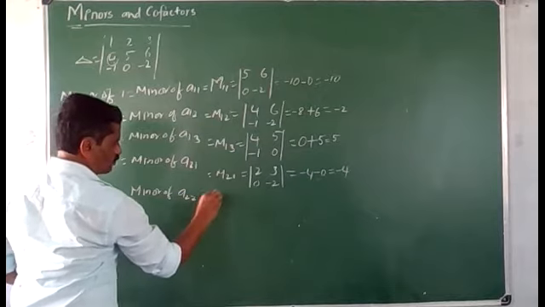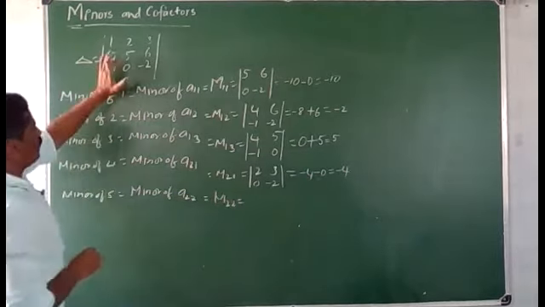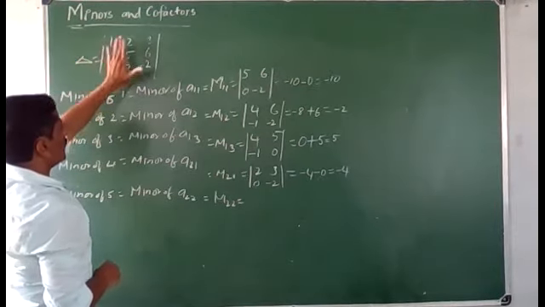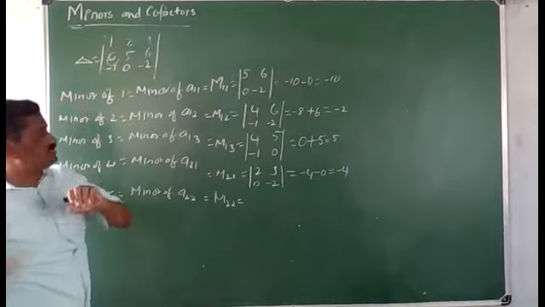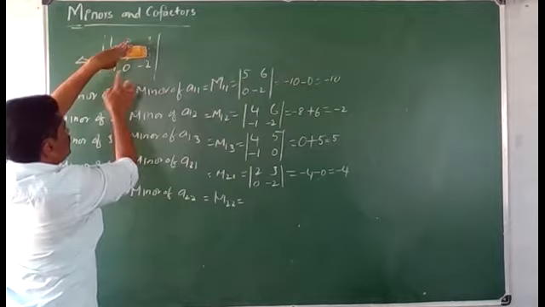A22 is equals to M22. Now 5 is in the second row and second column, so we leave the second row and the second column. What is the remaining? 1 3 -1 2.